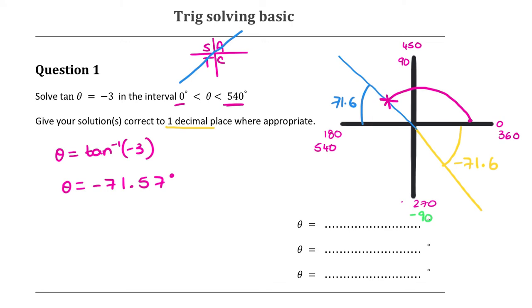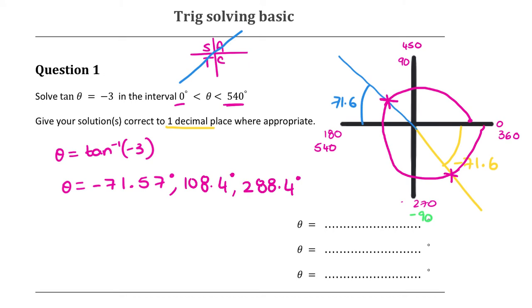So 180 minus 71.6 is going to give me 108.4. So that's my next angle. Then I go round again. When is the next time I hit this? Here. This is 360 minus 71.6, which is going to give me 288.4 degrees.